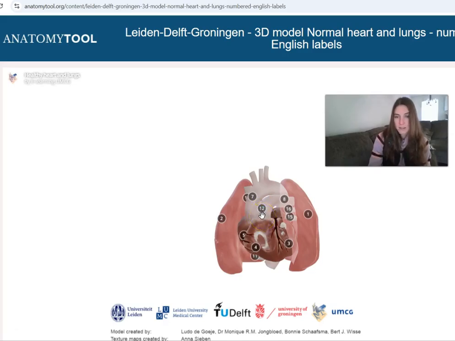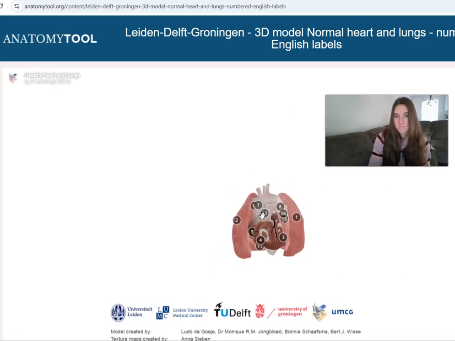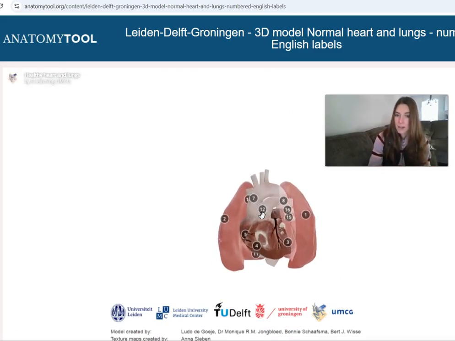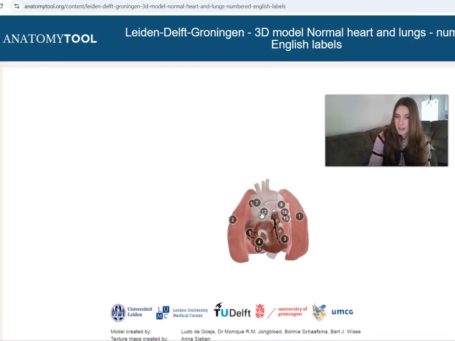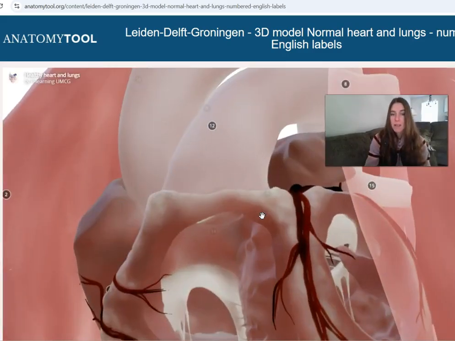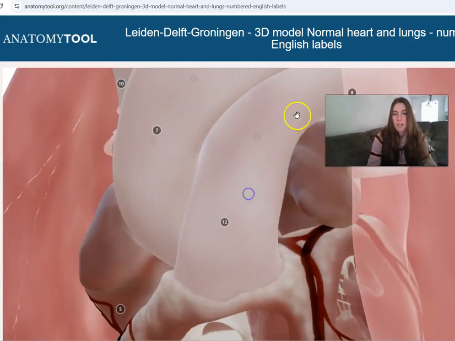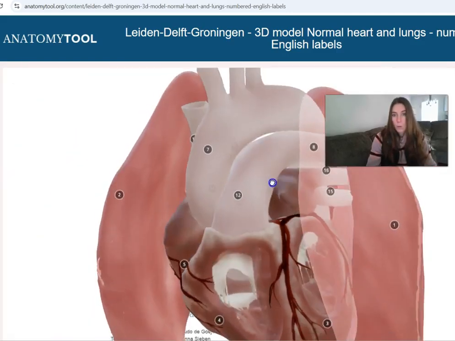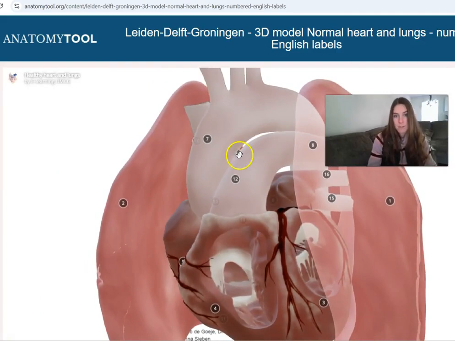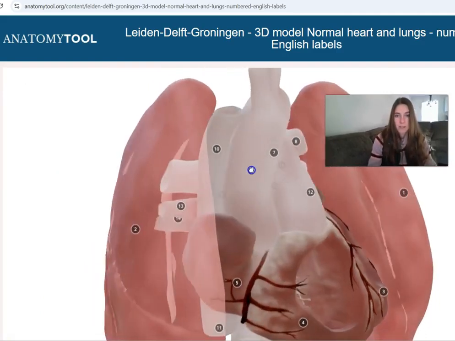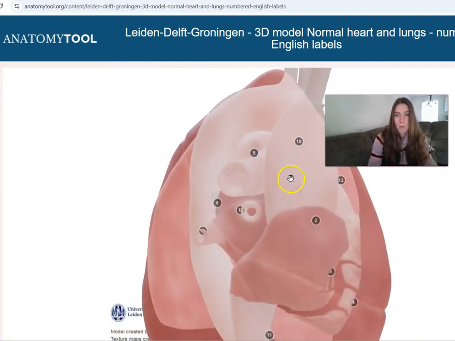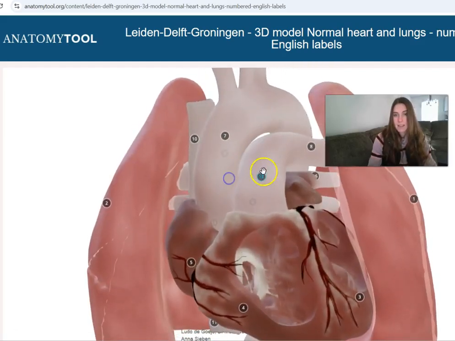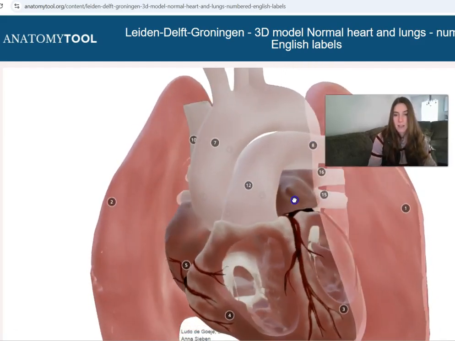Now notice, if I zoom in here slightly, that pulmonary trunk is going to split because we have two lungs, right? So because we have two lungs, that pulmonary trunk is going to split into a left and a right pulmonary artery. So the right pulmonary artery, which we would have to swivel around here to see, is going to lead towards the right lung, and then the left pulmonary artery is going to lead towards the left lung.